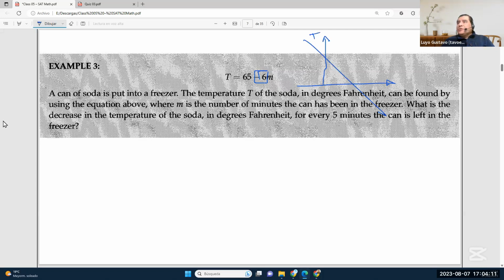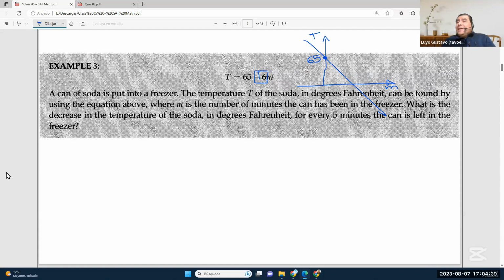This is T, temperature. This is M, minutes or time. So this value here is 65, which means at time 0, when 0 minutes have passed, the moment you put the soda in the freezer, at that moment, the temperature was originally 65 degrees. That's what the 65 represents.